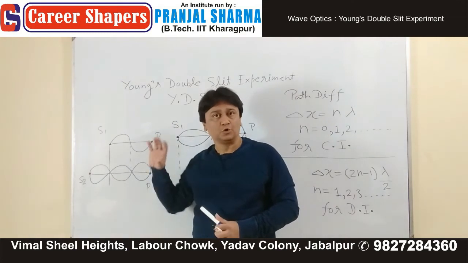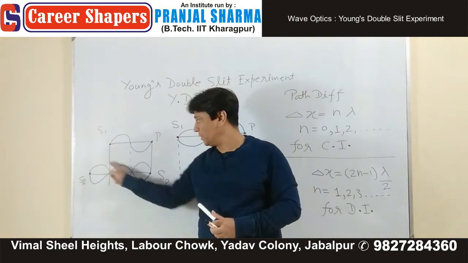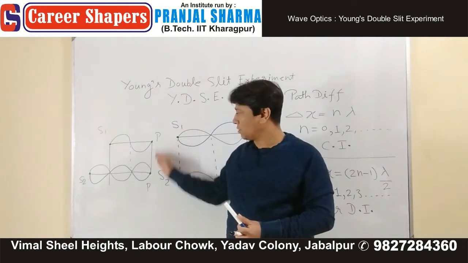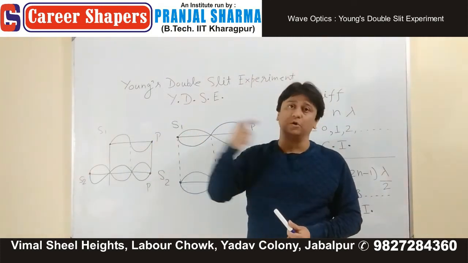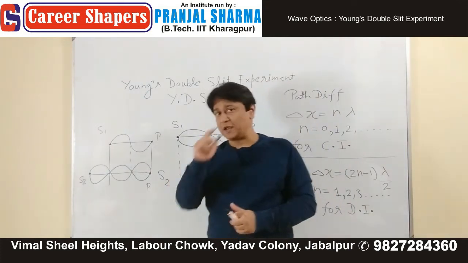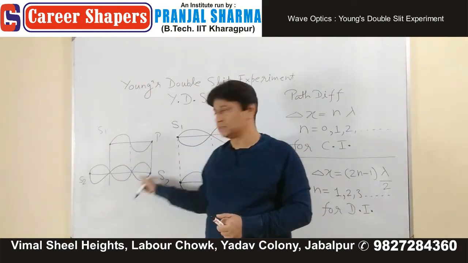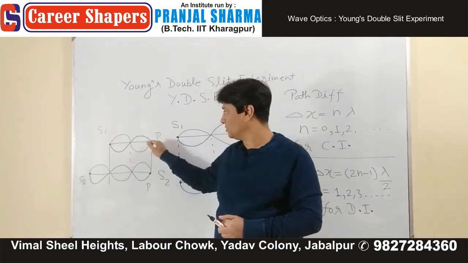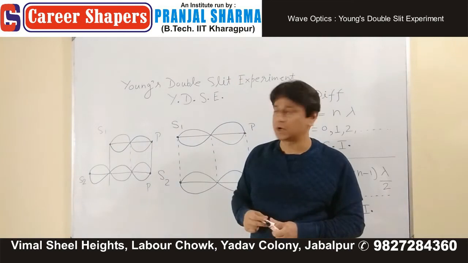Bright. So if we have no control over this pulsation, then there will not be a stable interference present on the screen. If we can make sure that S1 sends black and S2 sends black, or if S1 sends blue, then S2 also sends blue, then you'll always get what?